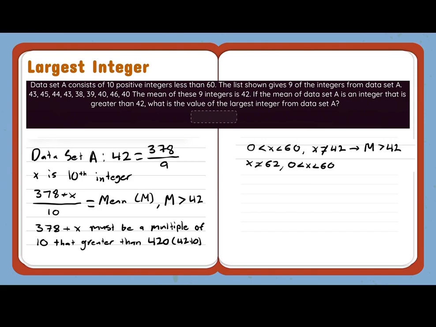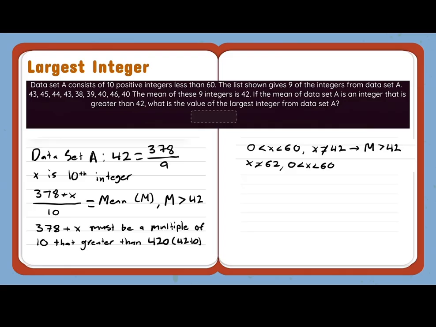And we do know that x has to be less than 60 because the 10 positive integers all have to be less than 60. So we know that it can't be 42 because it won't actually make the mean greater than 42.